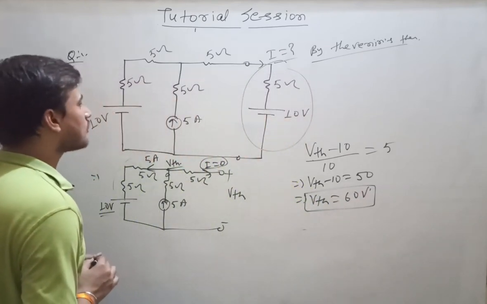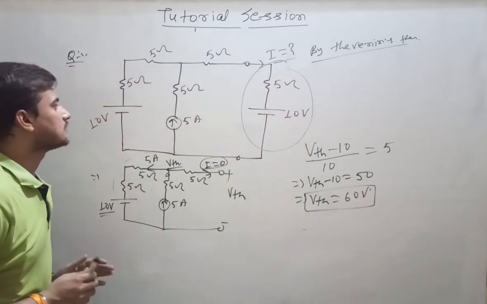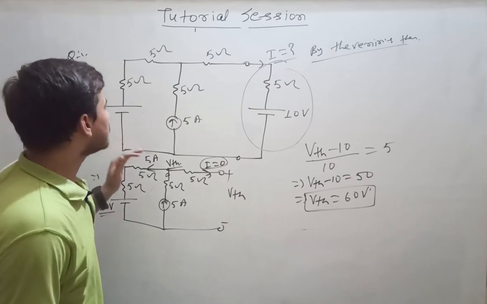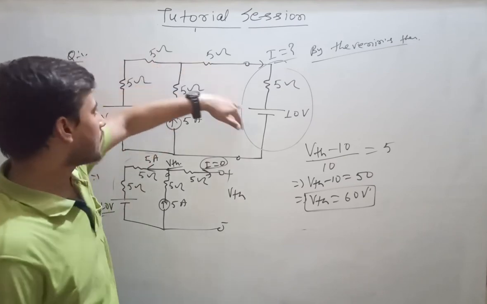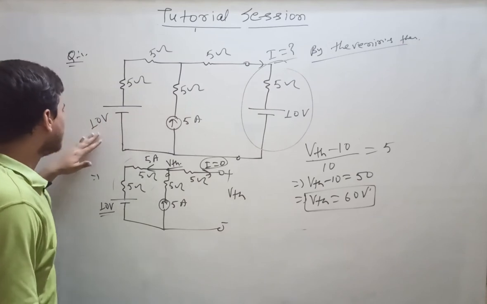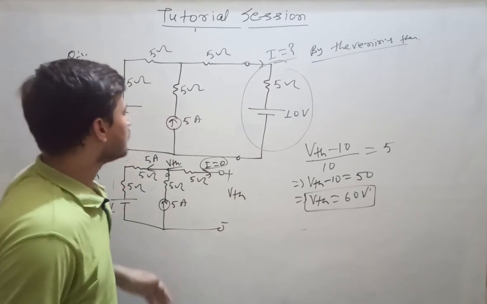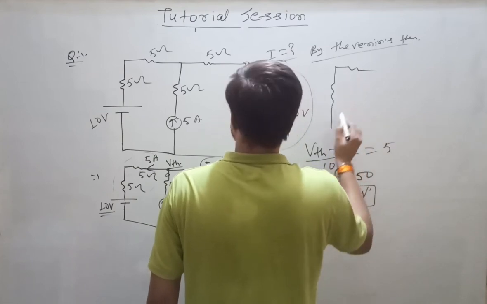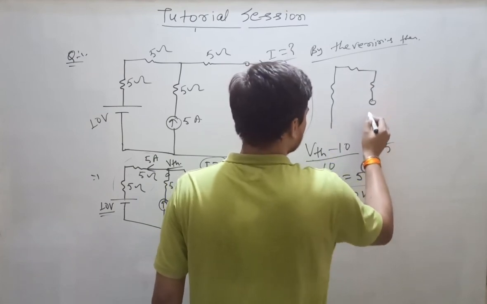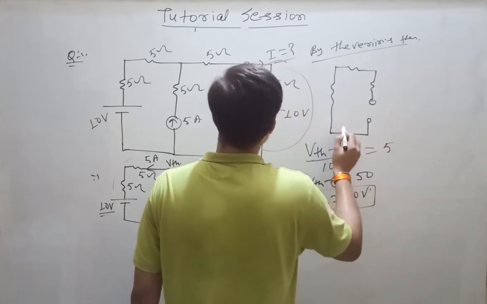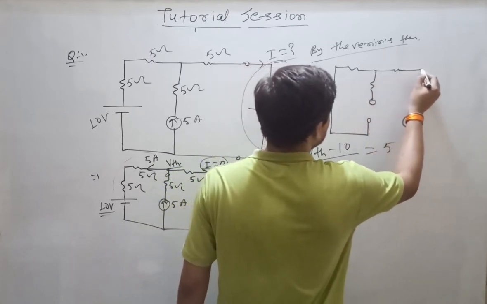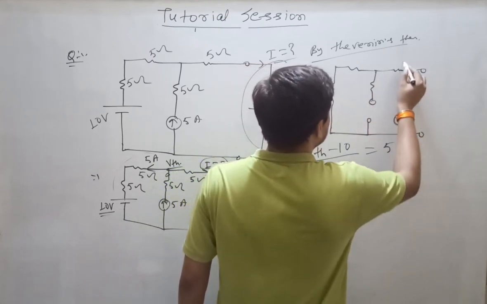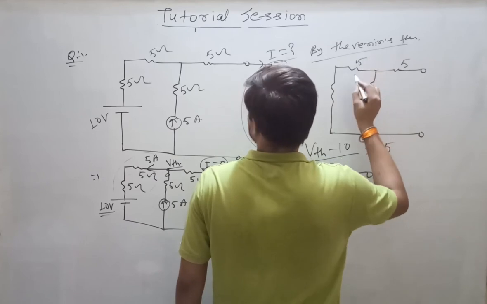Next you have to find RTH. To find RTH, again you will open the load terminal and deactivate the independent sources. Once you deactivate the independent sources, the circuit will be like this one. This is 5, 5, 5.